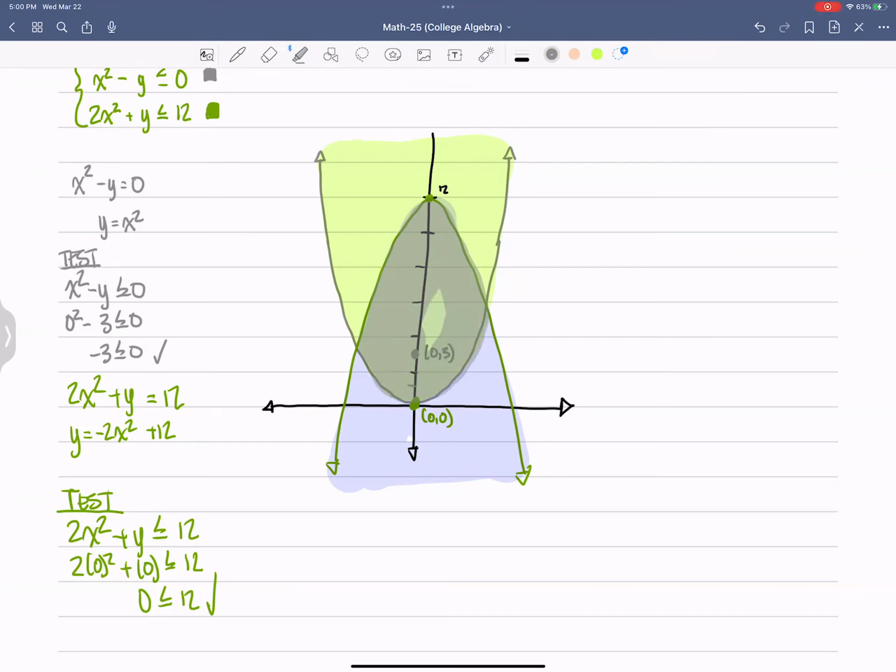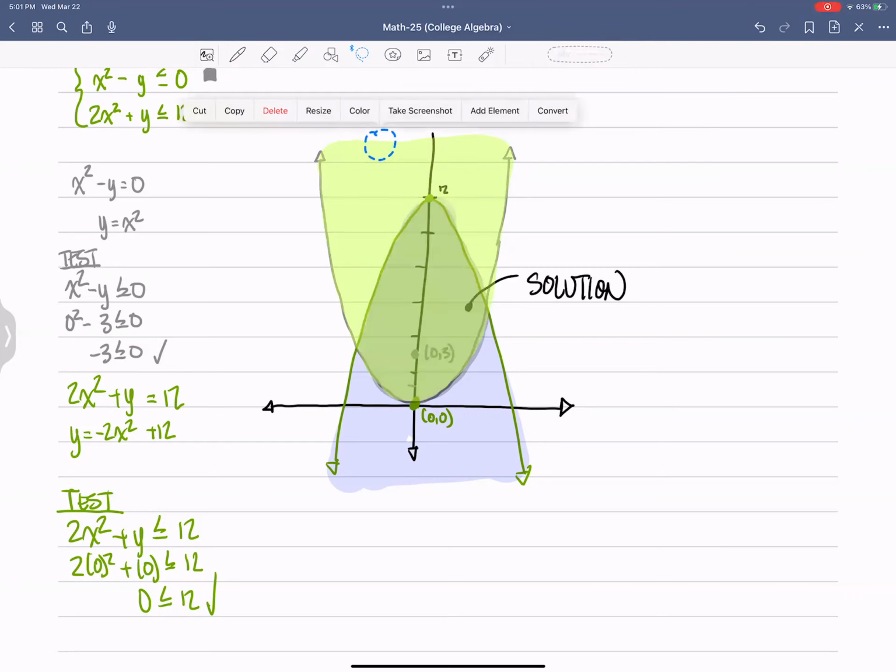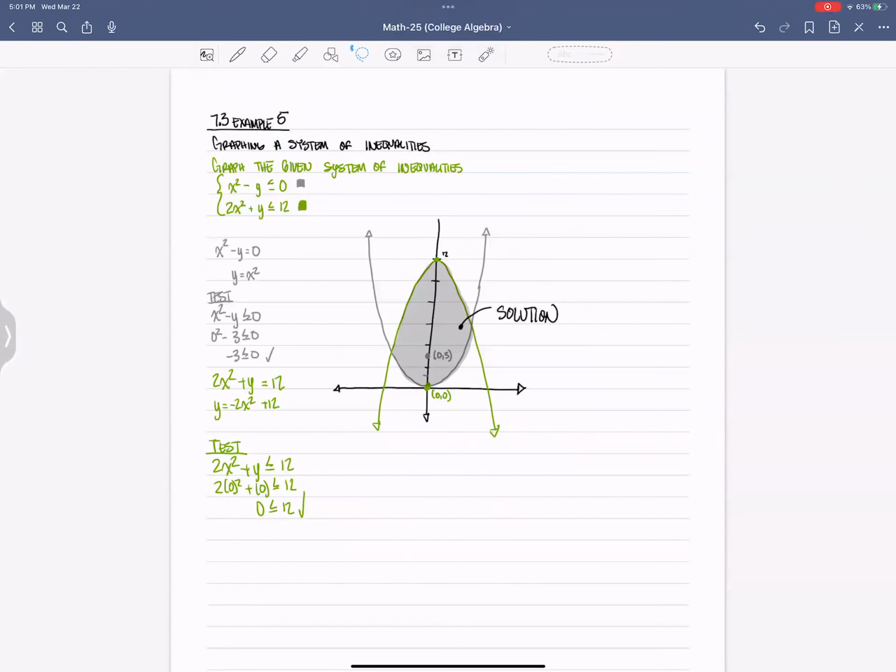And we know that this is our solution. So here is our solution. The other parts are not the solution. Technically, we could even delete these. There we go. And that's a solution to this system of inequalities.